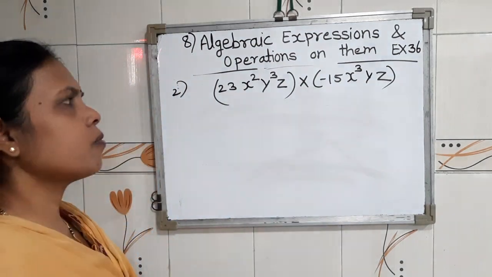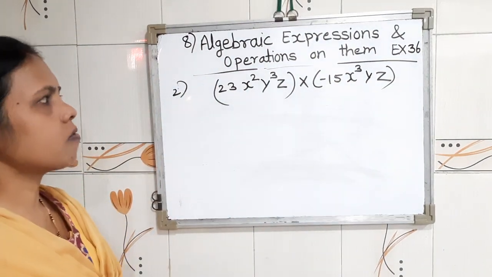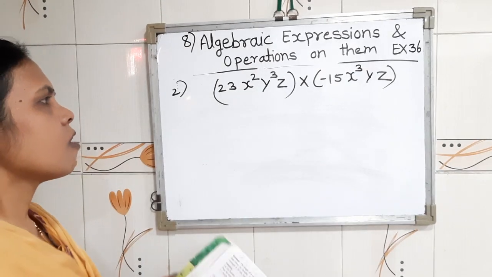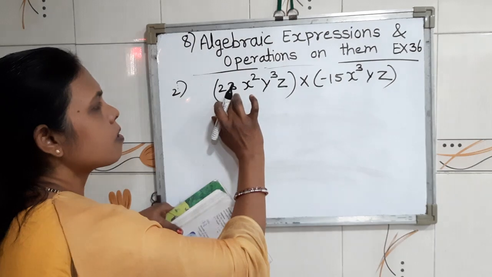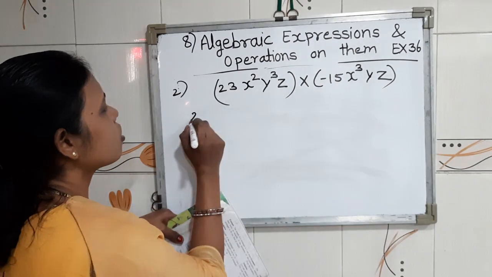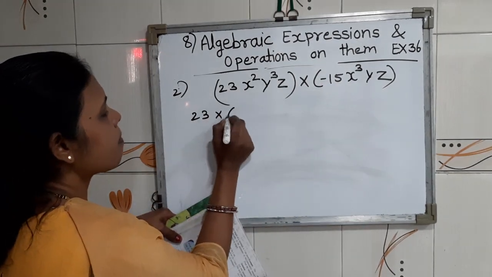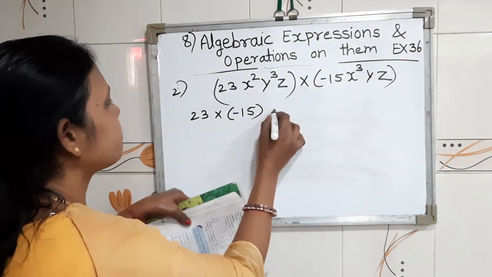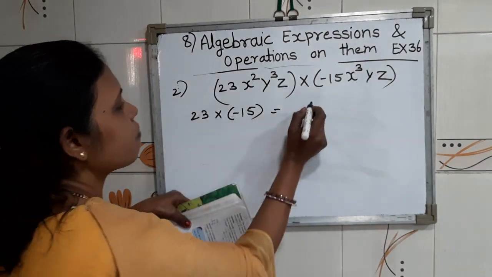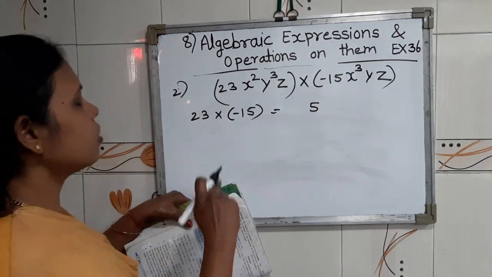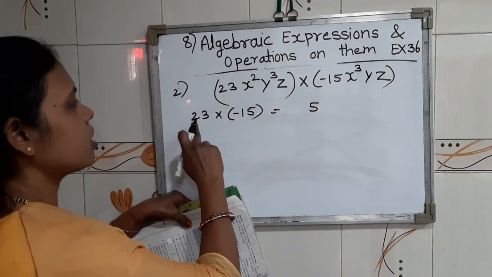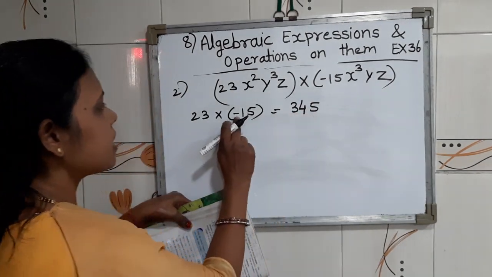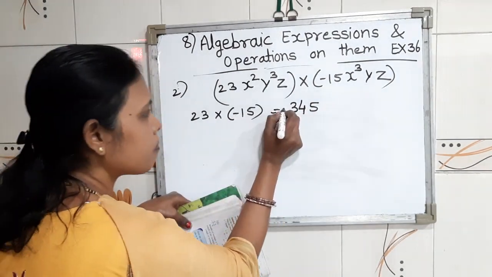Then here we want the product of both these given numbers. So first we will multiply number with number, that is 23 multiply by minus 15. What answer you will get? 15 threes are 45, carry 4, 15 twos are 30, 30 plus 4 is 34, and minus sign is there, therefore we will put minus sign.